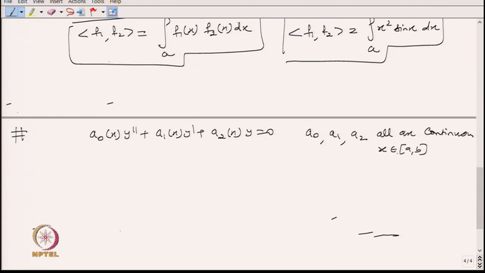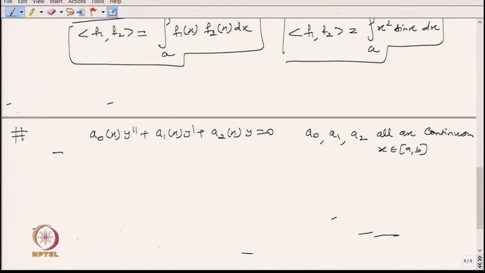If they are continuous in the interval, they belong to the L2 space, and y(x) is the solution and its second derivative is also there. So y(x) itself is also a continuous function, and the solution y(x) also belongs to the same L2 space.